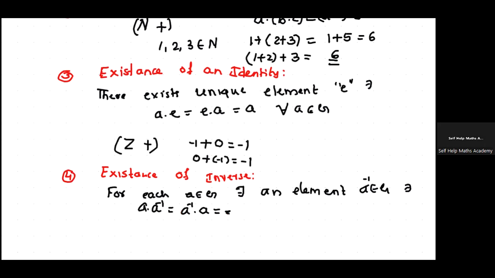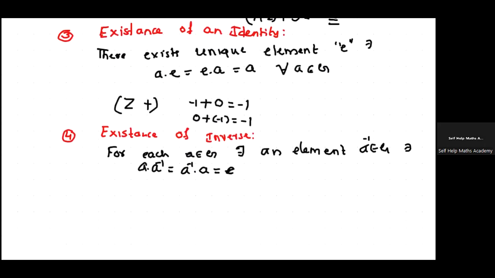If this is happening for each and every element A, then we say that A inverse is the inverse element of the given element A. If this is true for each and every element, then existence of inverse holds with respect to that particular set. This covers all four properties.